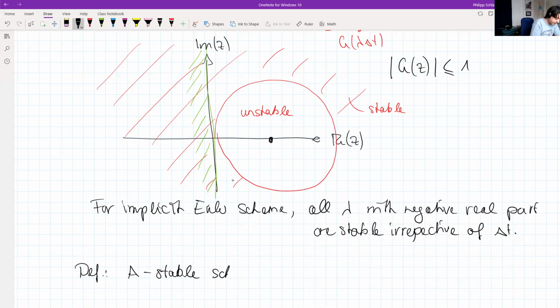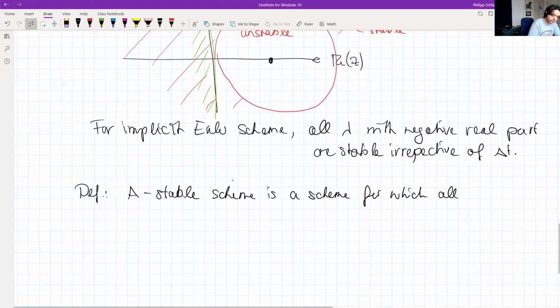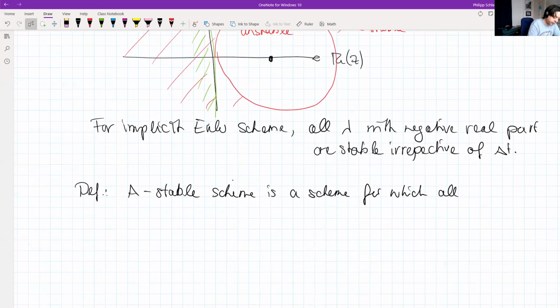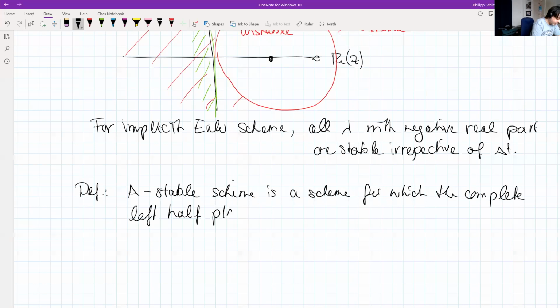An A-stable scheme is a scheme for which the complete left half plane is integrated stably.